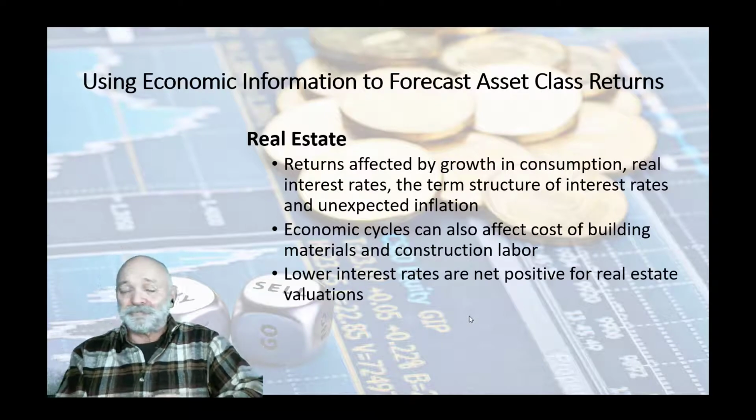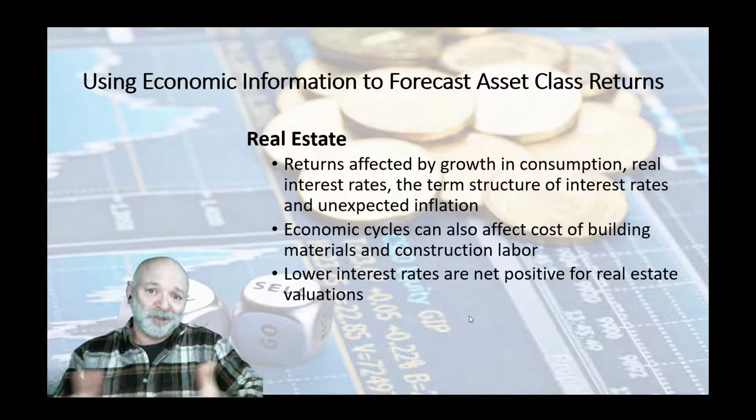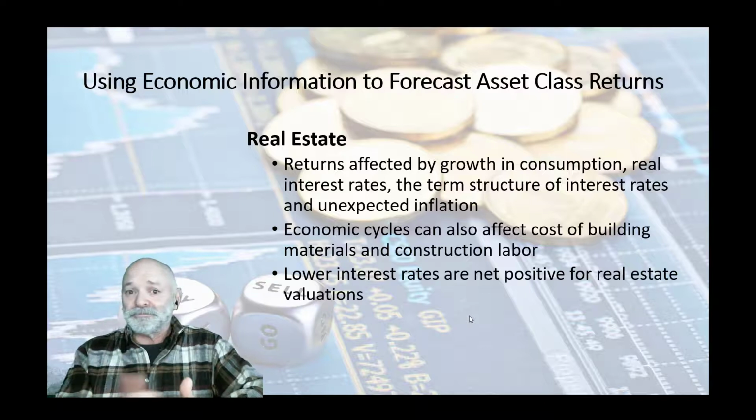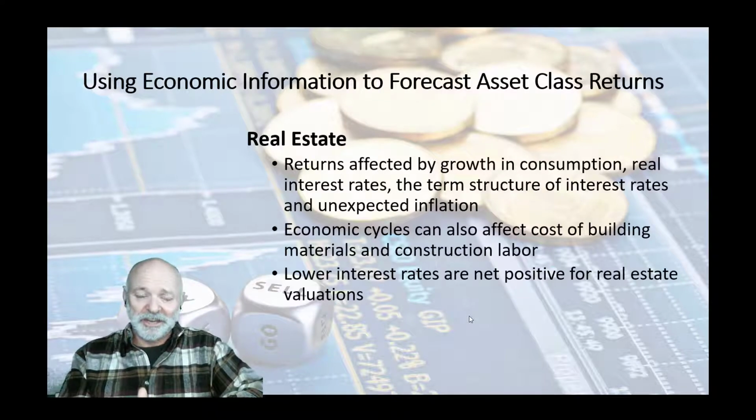Real estate has also got a complicated relationship with the environment. The returns are affected by the demand for the underlying asset. So if there are big families that are buying houses, then that's definitely good for residential real estate. If we need more commercial office space, that is also going to affect the real estate market.